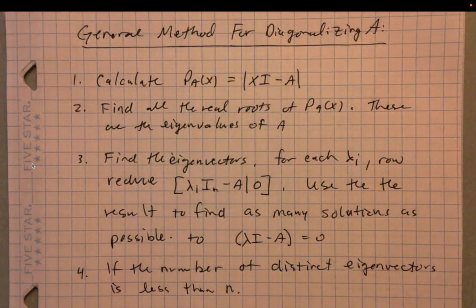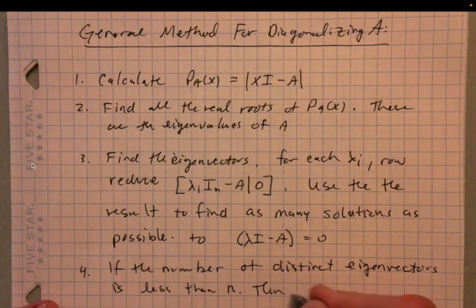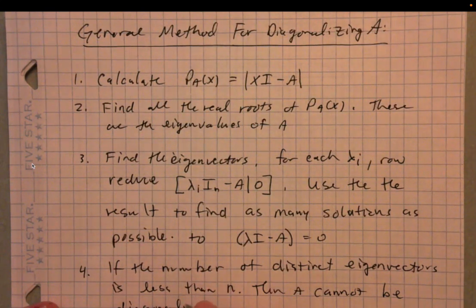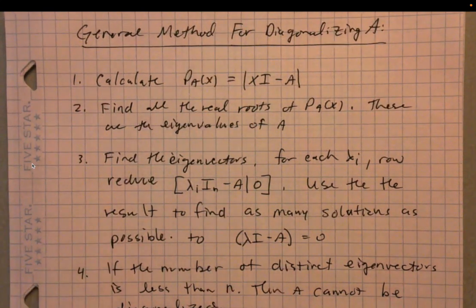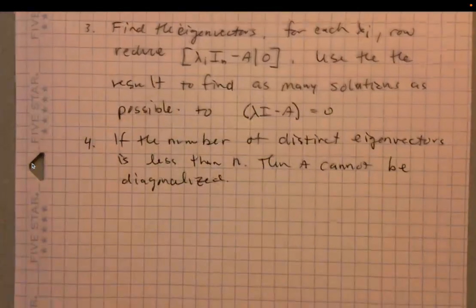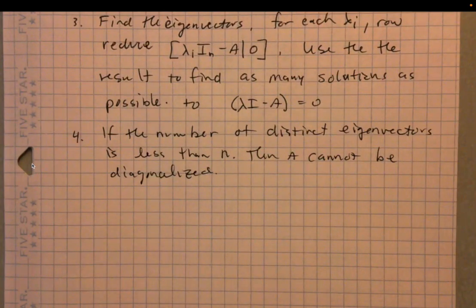You can't diagonalize A. And that can happen, because you can't even form P without using scalar multiples of one another. And if you use scalar multiples of one another, then the matrix P will not be full rank. It will not have an inverse, so you can't diagonalize without an inverse P.